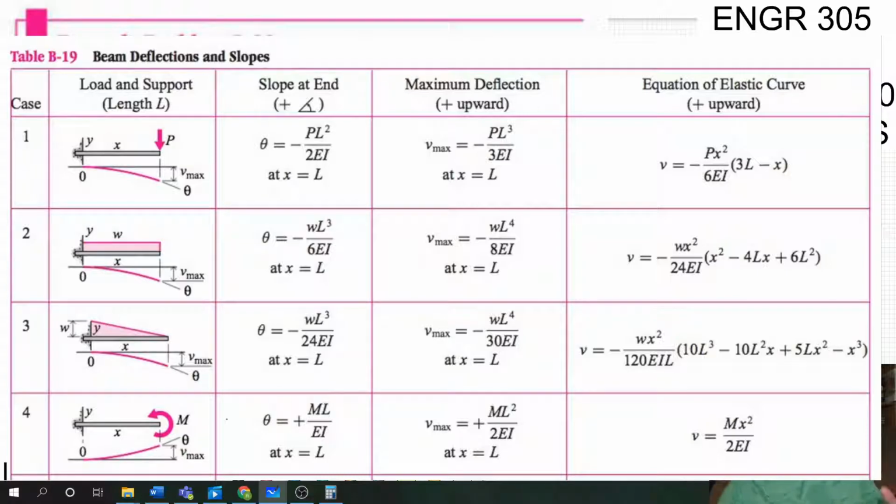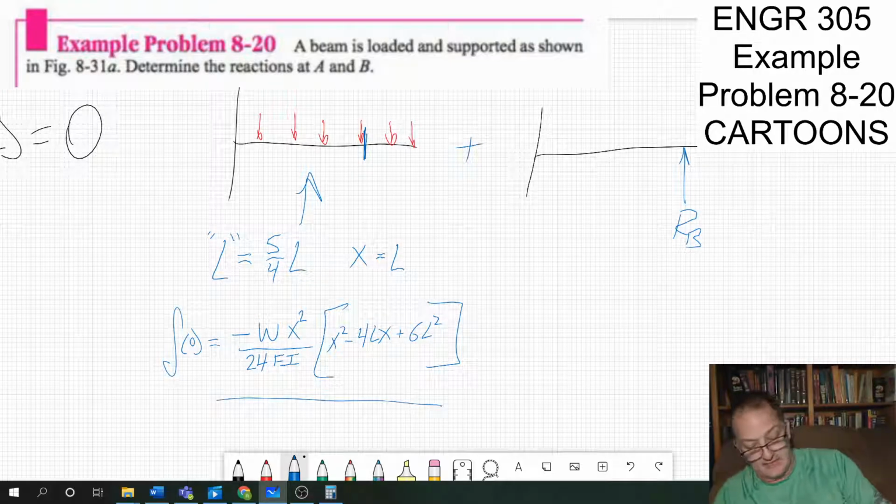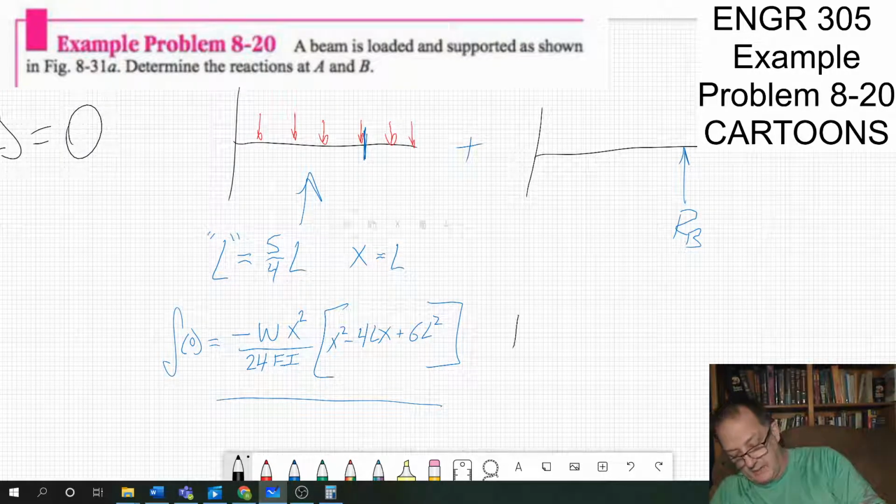The deflection is equal to minus, because that weight is pushing it down, so it's a downward deflection, w x squared over 24EI, times the quantity in the bracket, x squared minus 4LX plus 6L squared. That's the one term.